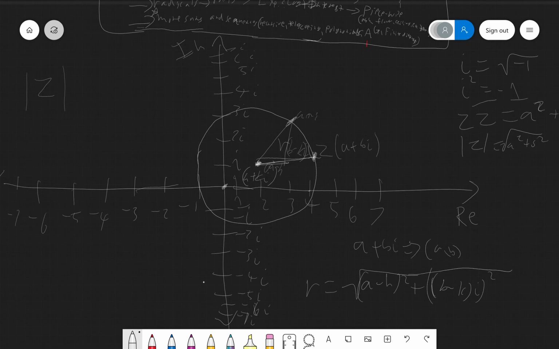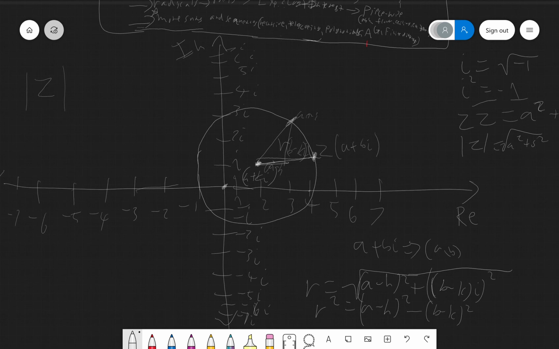So that gets us to r squared is equal to a minus h squared plus b minus k squared. Kind of like the same thing, but it's a minus instead.